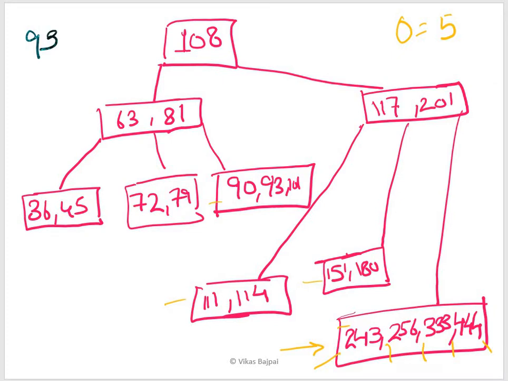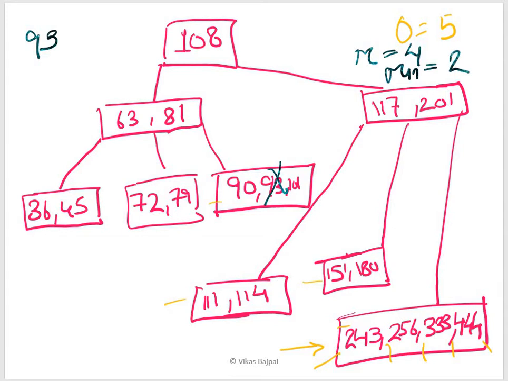Now I have to look for 93, of course, on the left hand side, reached here, of course, on the right hand side, and I identified this. Now I know order is this, so max key values will be 4, 5 minus 1. Min will be 5 by 2, ceiling, minus 1, which is 2.